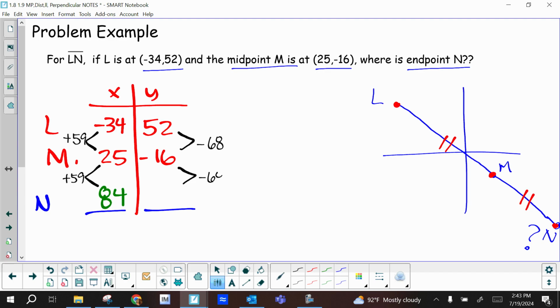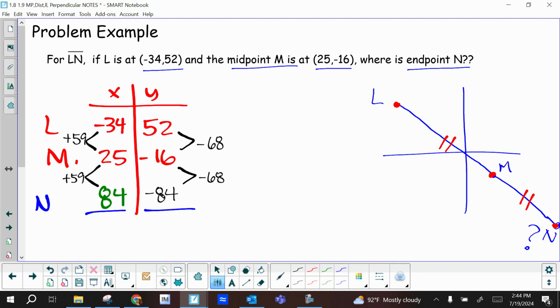It's going to go down 68 again, so I take 16 and add 68, or you can take -16 and minus 68. There's a couple of ways you could do that. So this is actually going to be -84.